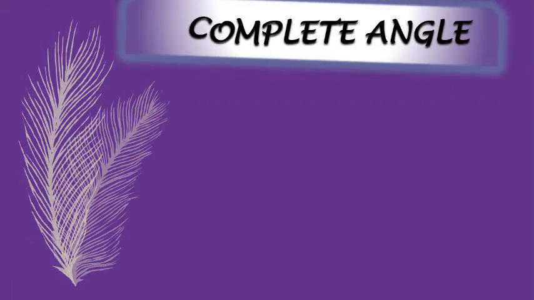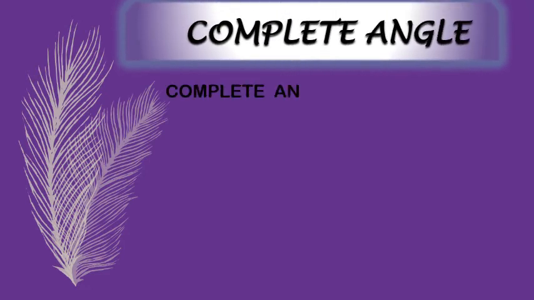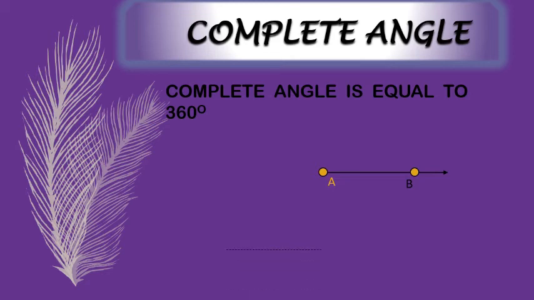Next we have complete angle. Now what is complete angle? Complete angle is an angle which is equal to 360 degree. Let's understand this with an example. This is a ray whose initial point is A, extended point is B, and if I draw this straight line like this, it should be equal to 180 degree. But if a ray takes a turn from AB, coming back to that line and meeting at another point D, so this complete turn is called complete angle, started from here and ended here.